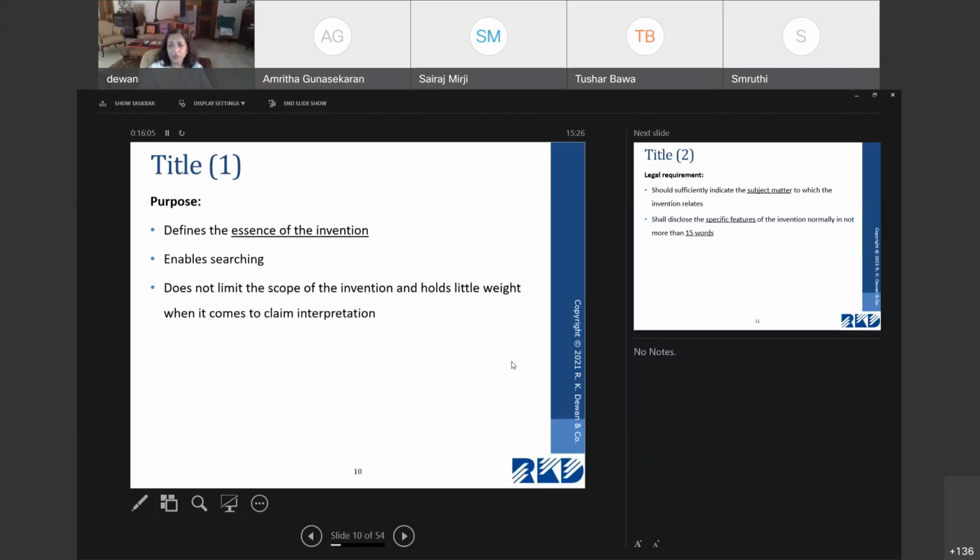Of course, see, the whole patent philosophy is a quid pro quo, that you give a disclosure and the government will give you 20 years of monopoly. So that is why enabling searching is also an important aspect of a patent specification.